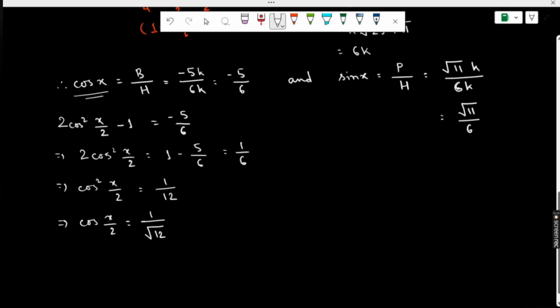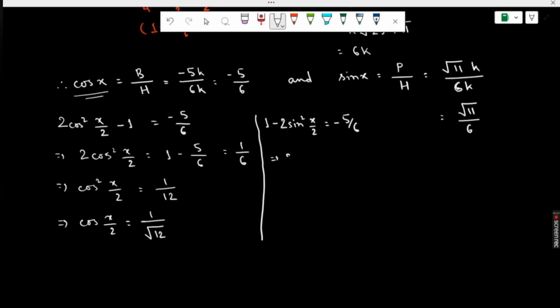Similarly, if we want to find sin x by 2, it is 1 minus 2 sin square x by 2 equals -5 by 6, which implies 2 sin square x by 2 is equal to 1 plus 5 by 6.